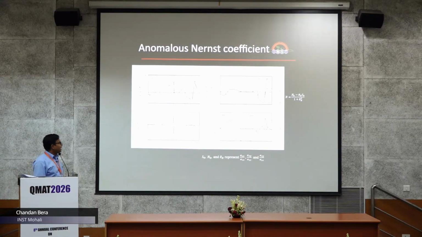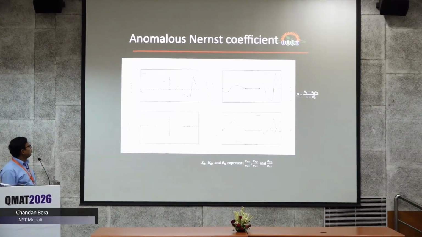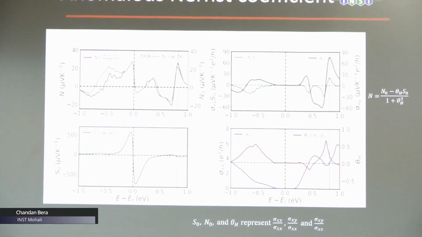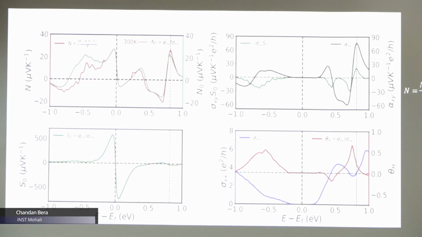This slide has a lot of detail, so I'll highlight all the values here. We calculated Nernst coefficients, using all the conductivity and thermoelectric tensors. The Nernst coefficient depends on the anomalous Hall conductivity and also the anomalous Nernst conductivity.